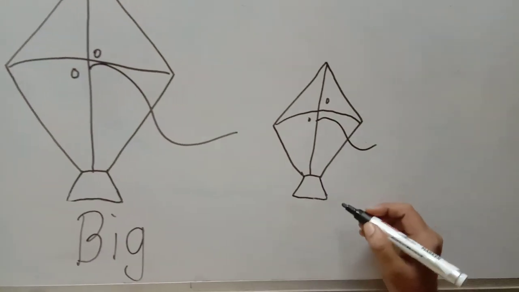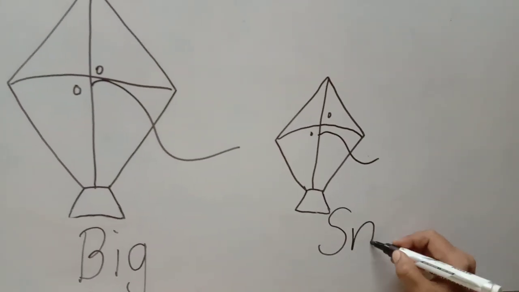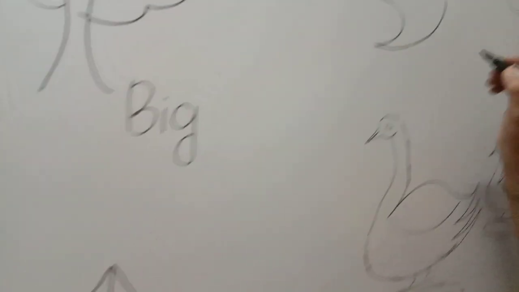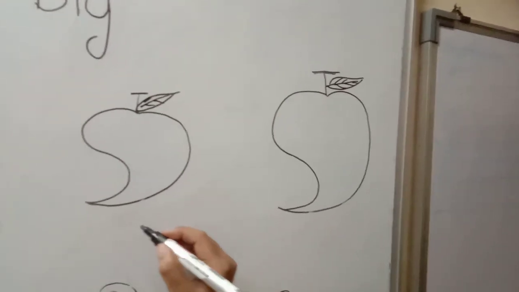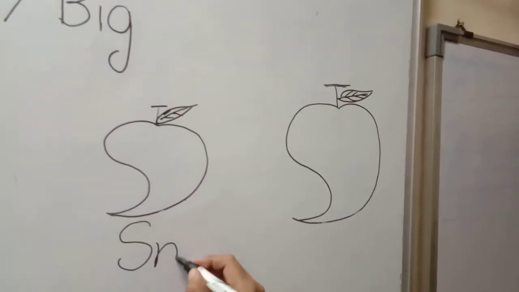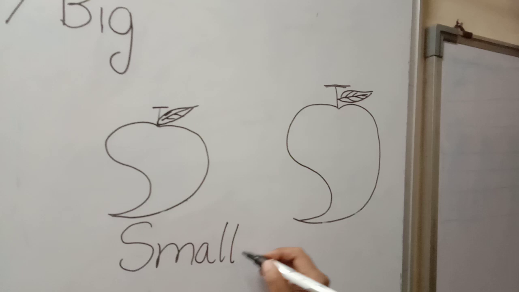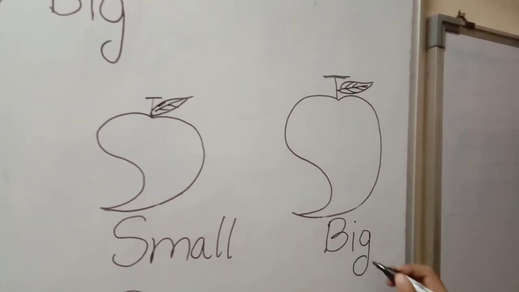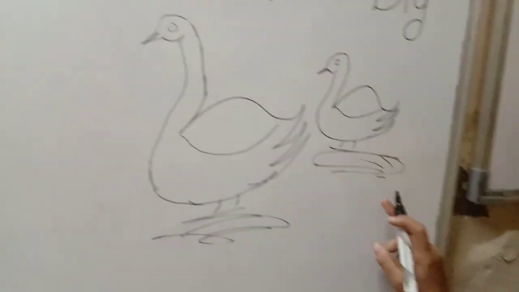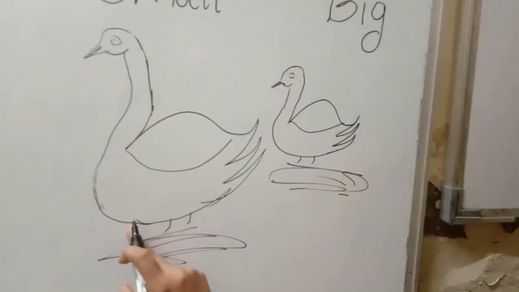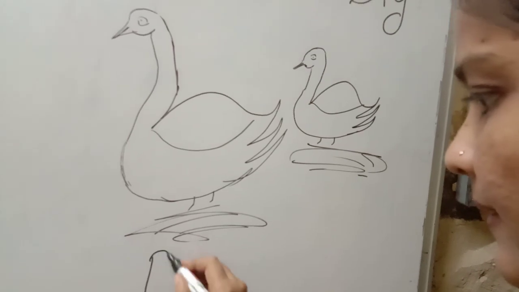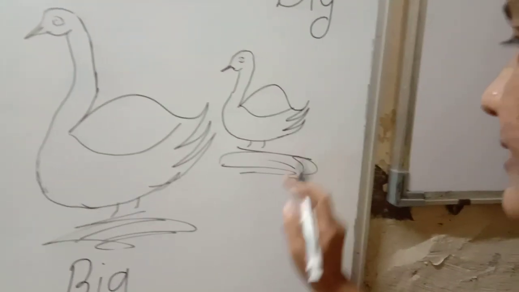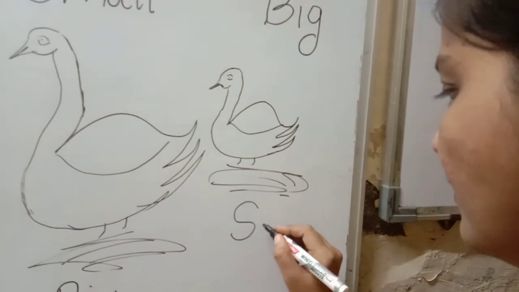And this is the small kite. Now mangoes. This is the small mango. And this is the big mango. Ducks. Two ducks. First duck is big. And the second duck is small.